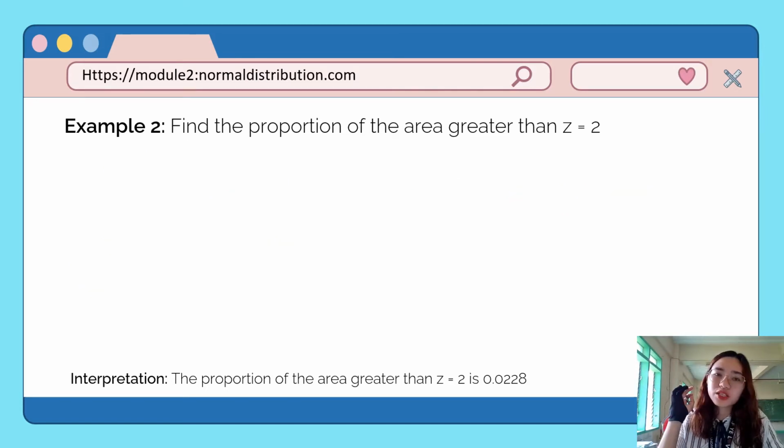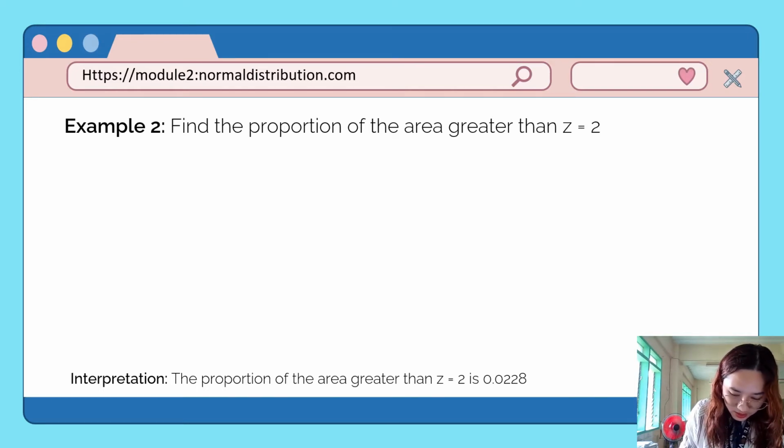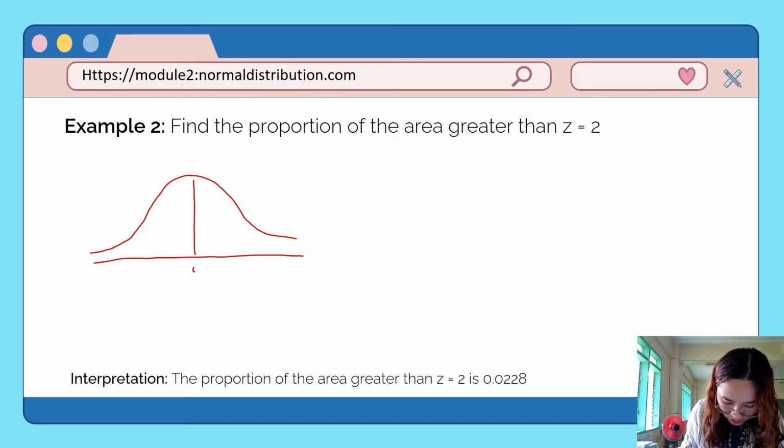Sa example na to, ang hinahanap naman natin ay yung greater than ng positive z natin. So, in this case, let's find the proportion of the area greater than z 2. So, let's illustrate first yung nahanap nating area. We have 0, 1, 2, 3. So, ito yung 2 natin. So, shade natin yung greater than 2.